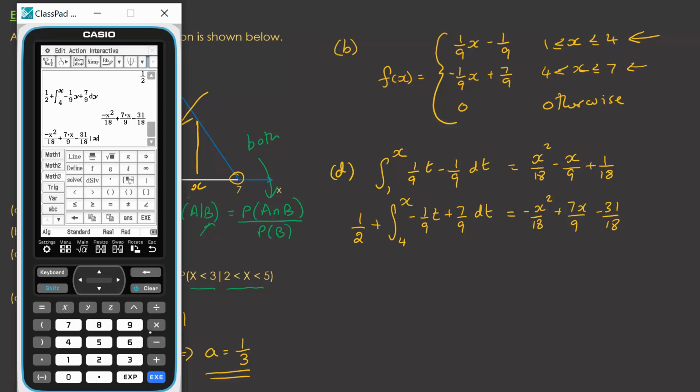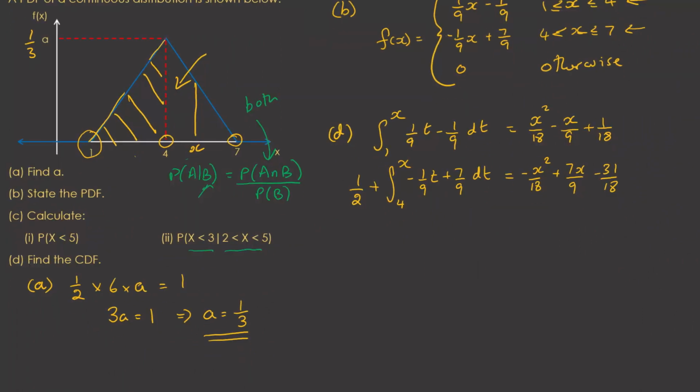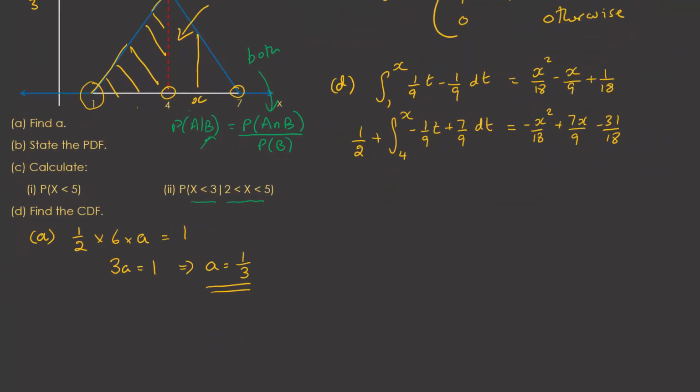So given that x equals 4, that would be 1/2. And given x equals 7, it's 1. So that seems to work perfectly well. And that means that we can state our CDF.